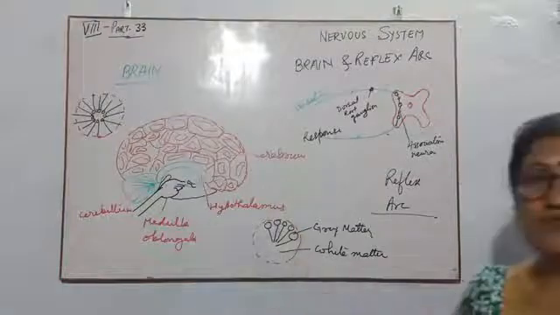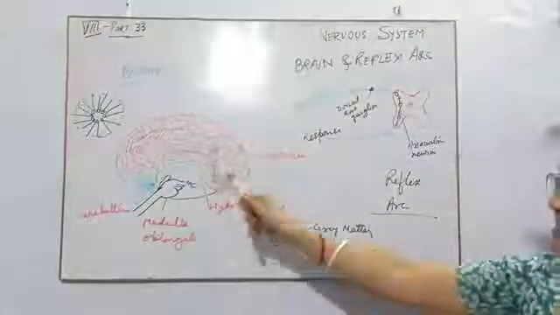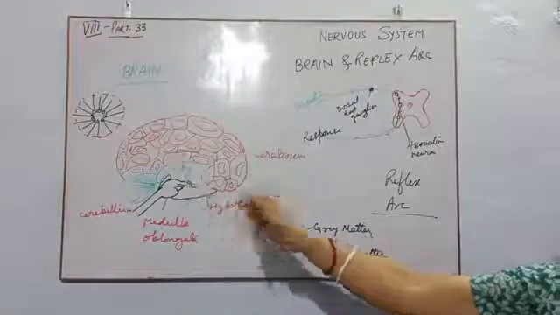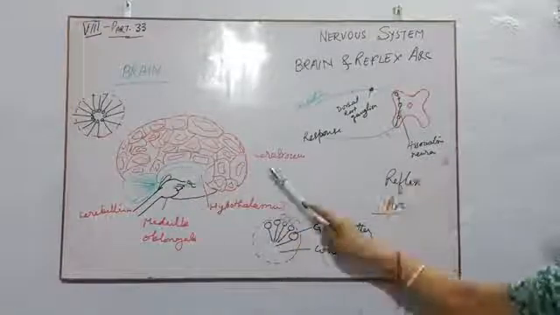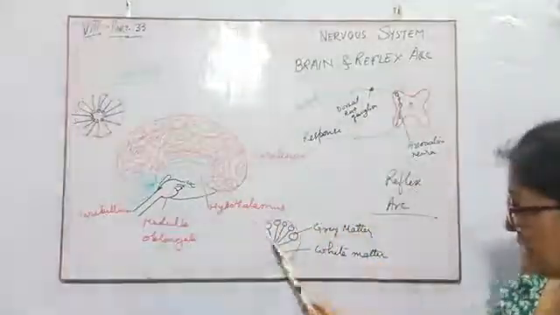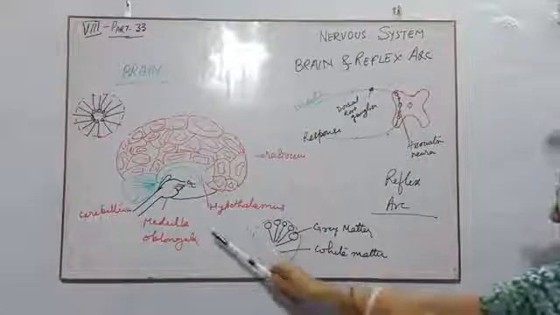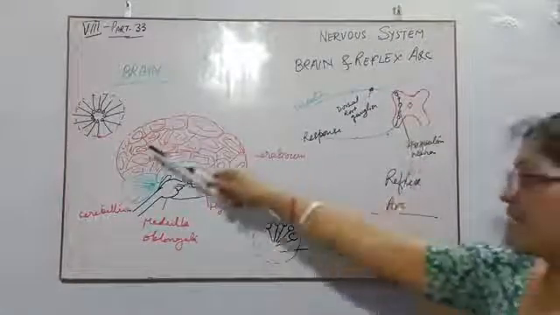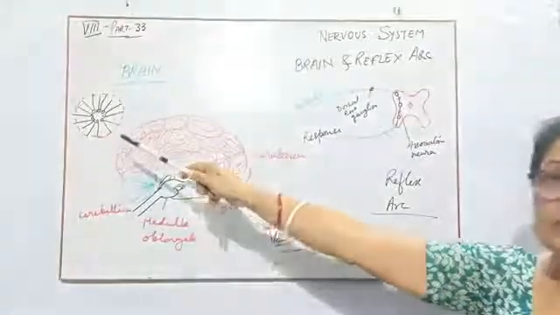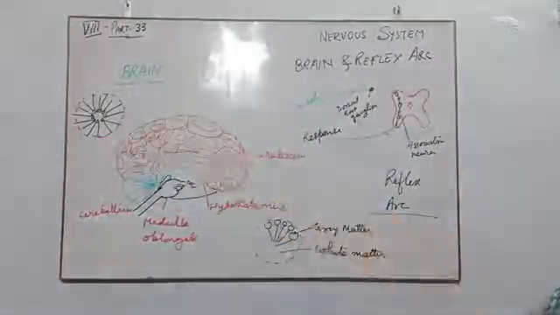So axon will form the nerves. This type of arrangement is given by God in our brain: cerebrum and cerebellum have white matter outside, grey matter inside. Medulla and spinal cord have grey matter inside, white matter outside.